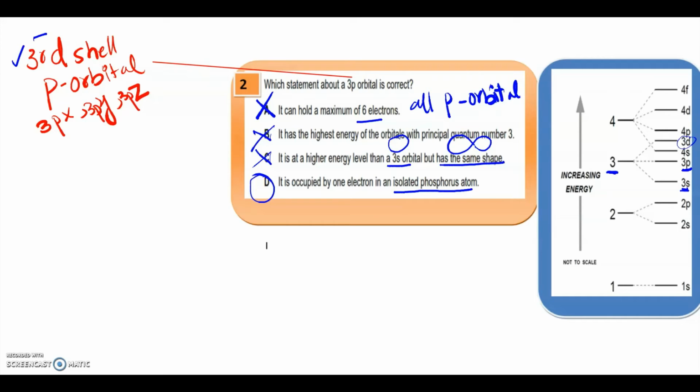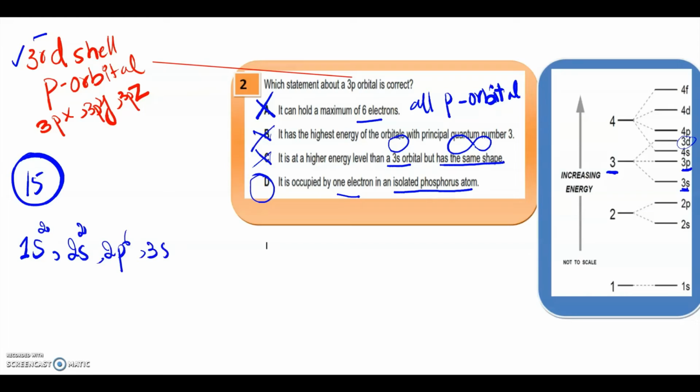So we need to write its configuration to verify that the p orbitals, Px, Py and Pz, contain 1 electron each. Phosphorus has proton number 15, so it has 15 electrons. So we write the configuration 1s2, 2s2, 2p6, 3s2.